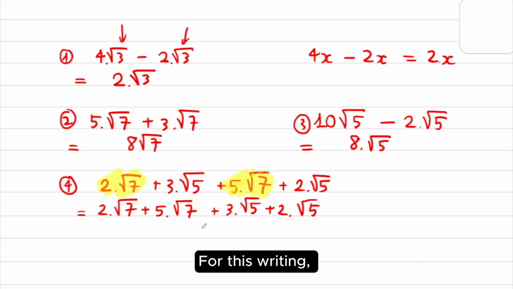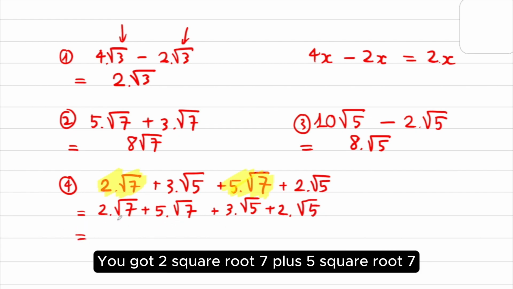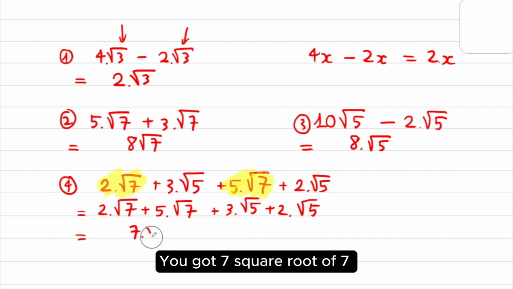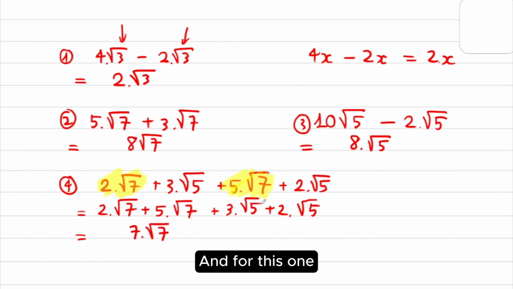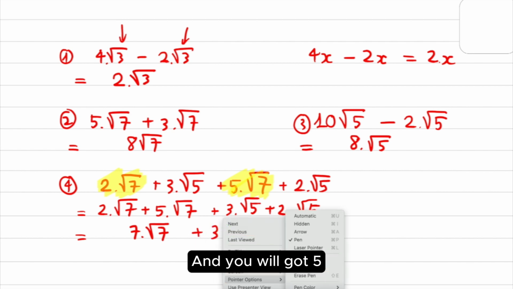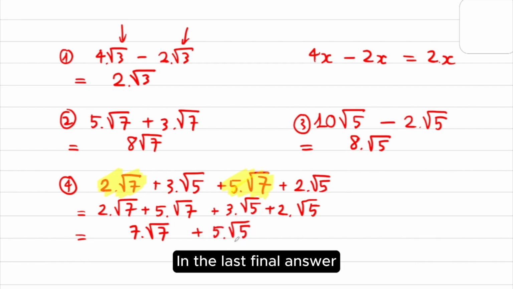With this writing, I can easily combine them together. 2 square root 7 plus 5 square root 7, you got 7 square root 7, because 2 plus 5 is 7 outside the square root. And for this one, you got 3 and 2, and you will get 5. And 5 square root of 5 is the second term in the final answer.